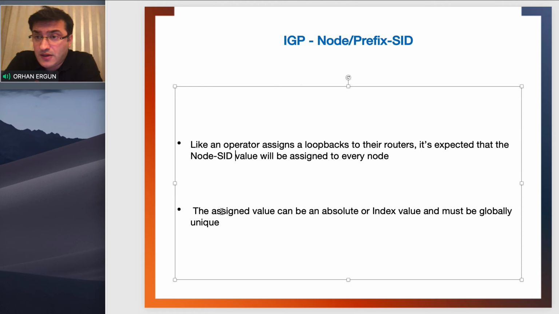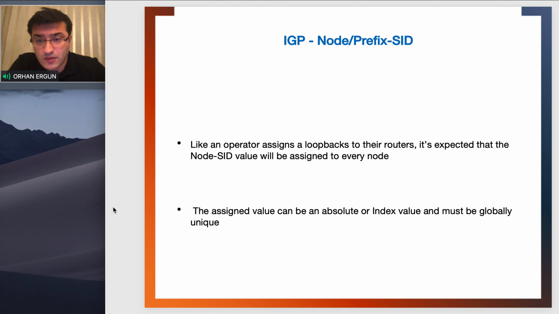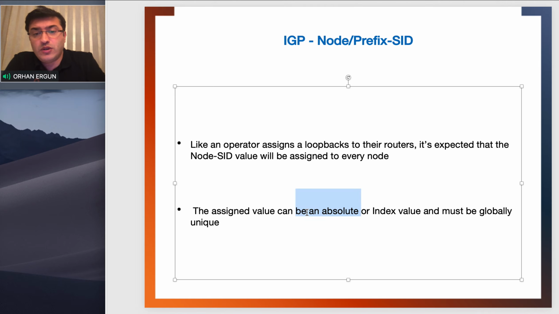It is a must, in order to identify that router in the SR domain. The assigned value can be absolute or indexed, as we talked about. Why indexed? Maybe the SRGB is not the same on each and every router in the SR domain in your network. If it is the same, then you can assign an absolute value.